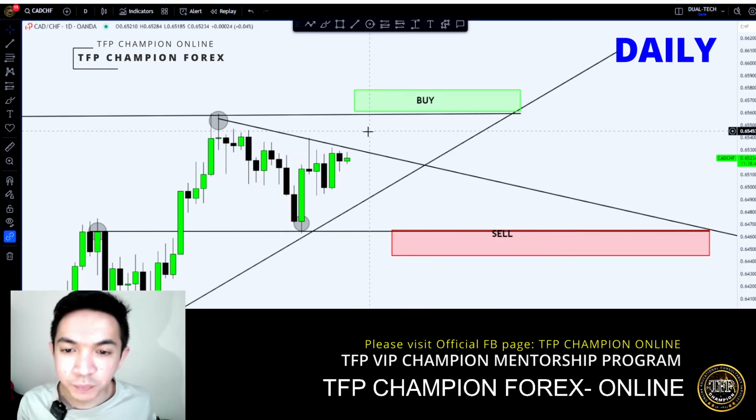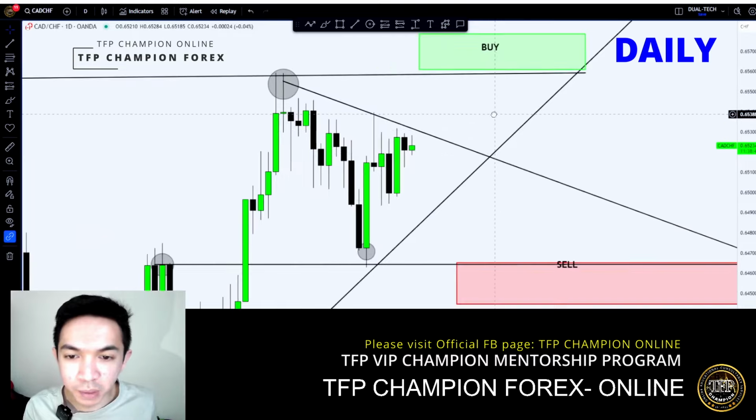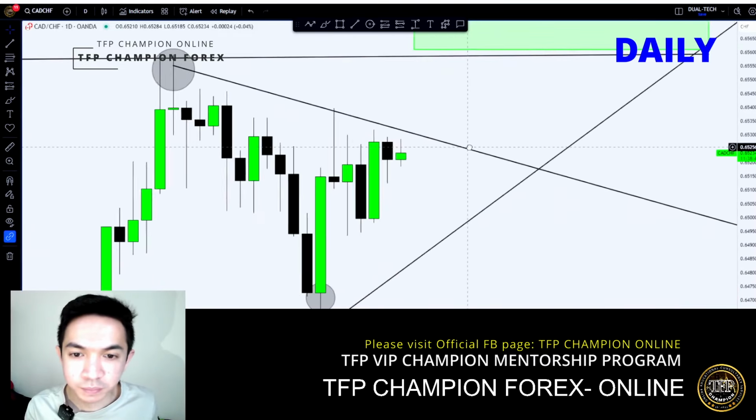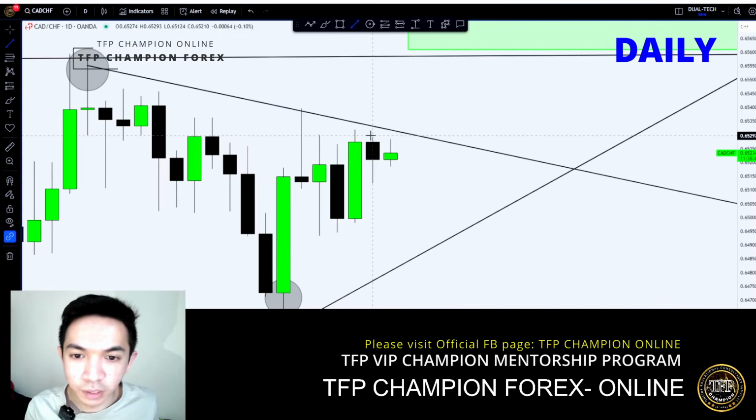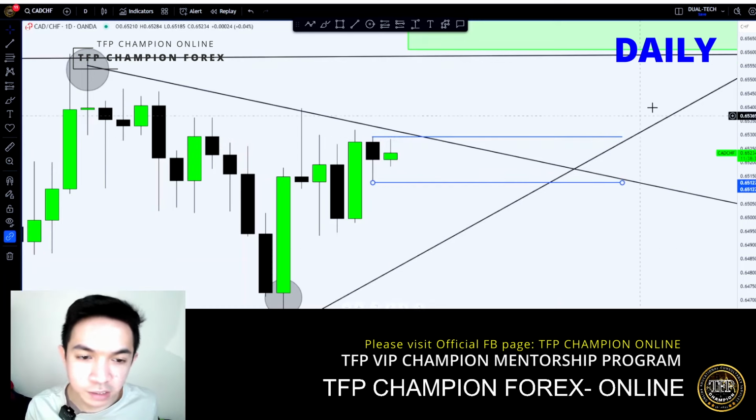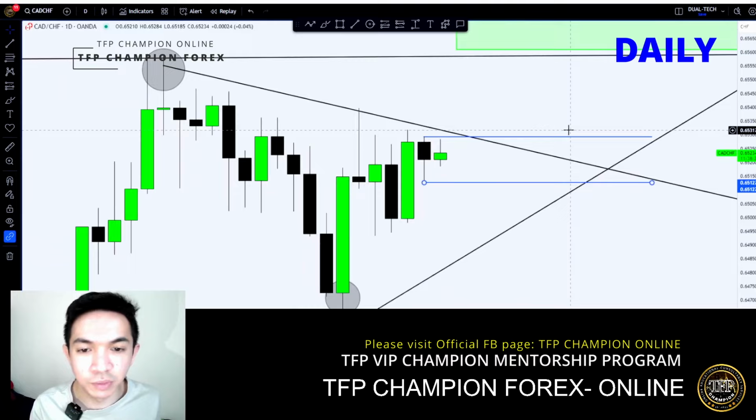So, ibig sabihin, for this example, okay, my previous day definitely would be itong area na to. Okay, I'll use blue line para ma-distinguish natin yung previous day highs and lows ng market. Okay, so yung black line is simply my higher time frame structure key leveling.